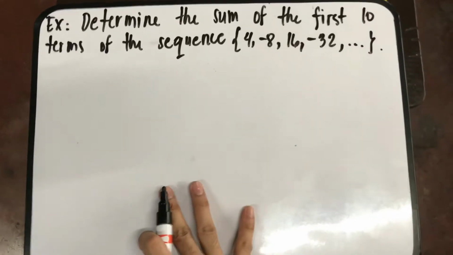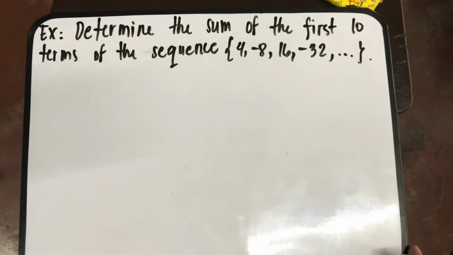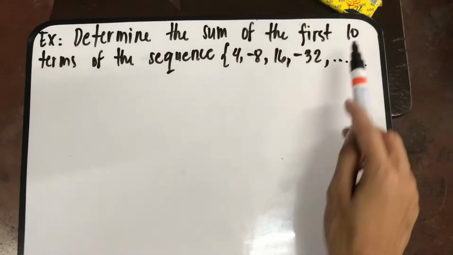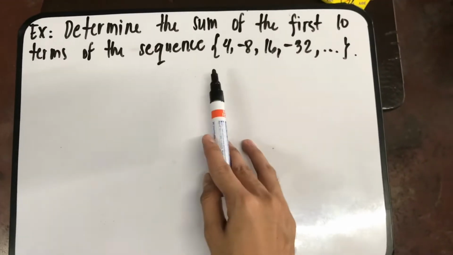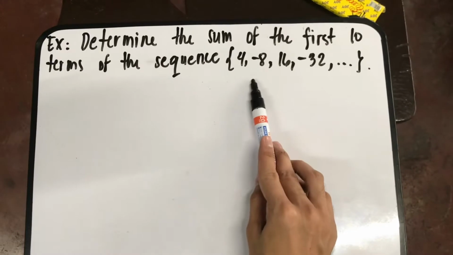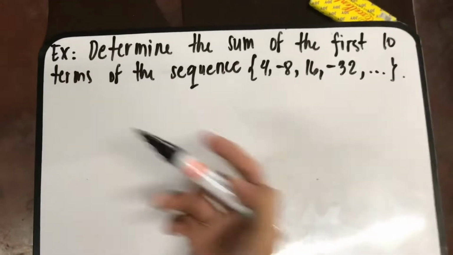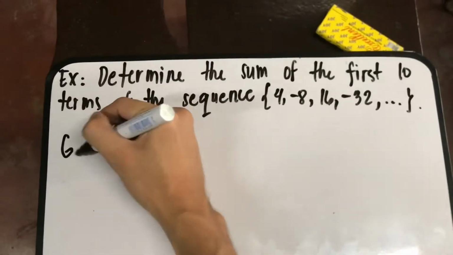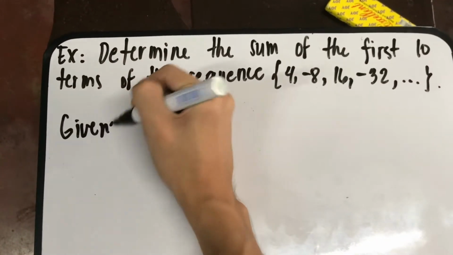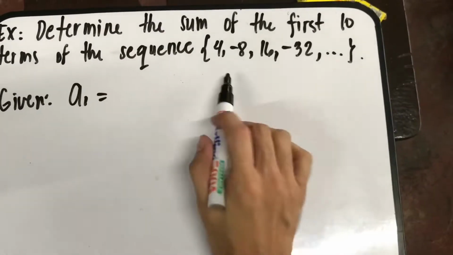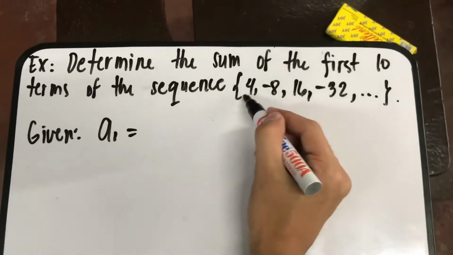Okay, so para mas maintindihan pa natin, we have here our example. Number 1, determine the sum of the first 10 terms of the sequence 4, negative 8, 16, negative 32. Okay, so let's identify first all the given. What is our a sub 1, or the first term in our sequence? That is 4.